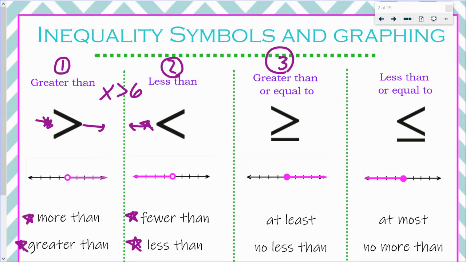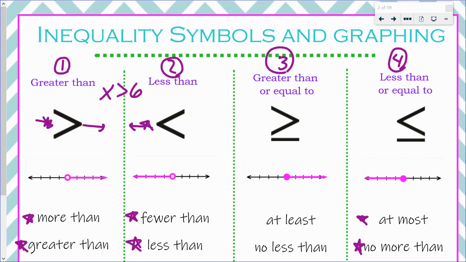And finally, we have less than or equal to. So it shows the less than symbol with the one line of the equal sign. It's a closed circle shading to the lower numbers. And keywords here are at most or no more than. Again, with no more than, we can apply it to things that we have to follow right now.